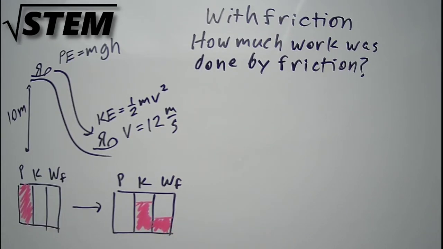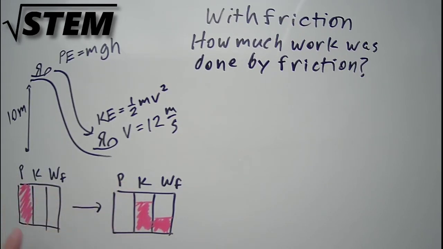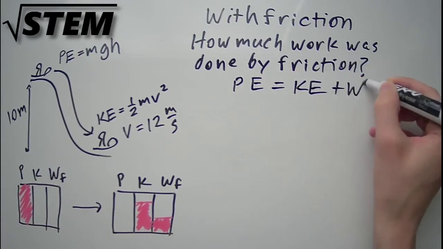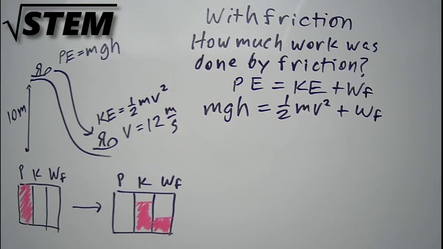So this time, instead of setting our potential energy at the top equal to our kinetic energy at the bottom, it has to be equal to the kinetic energy plus the work done by friction. Now for this calculation, to find the work done by friction, we are actually going to have to know our mass.